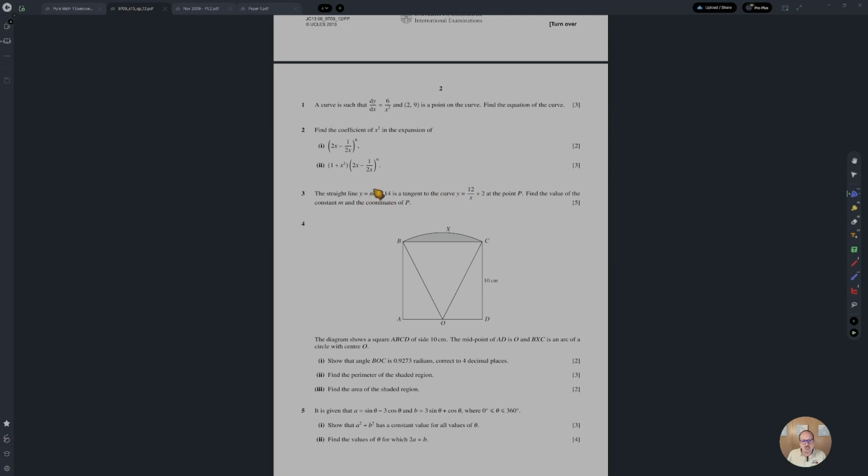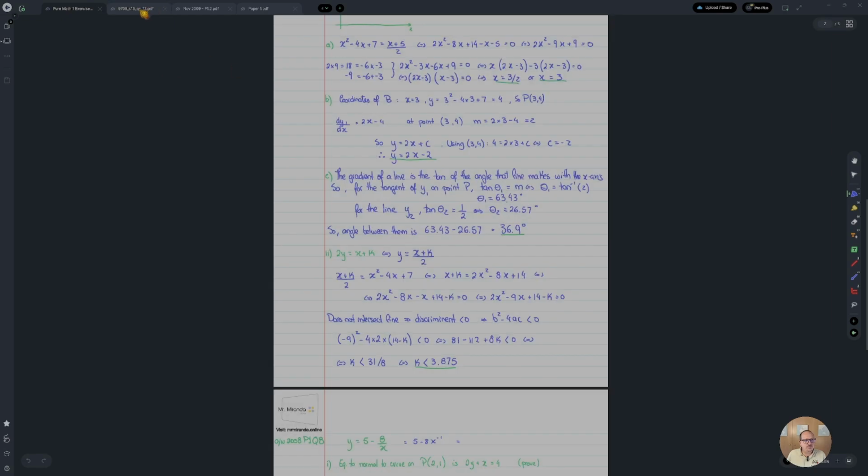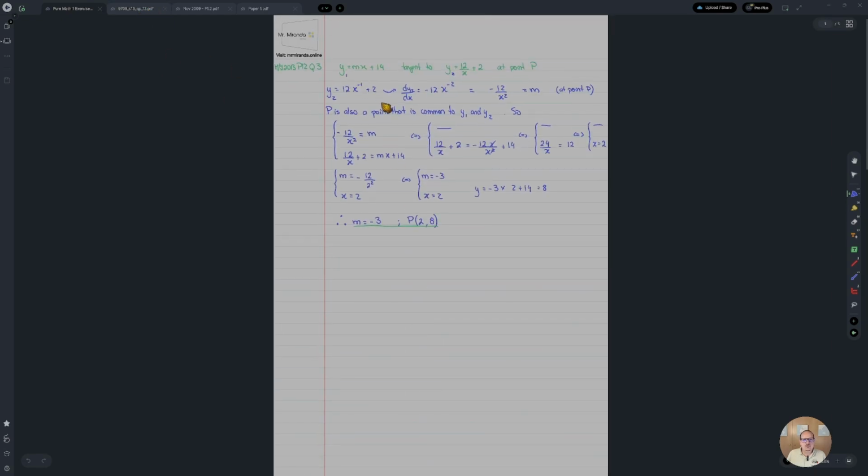And then if this is a tangent to this, by definition, a tangent is a point of intersection. They touch. So if you equal this to this, you'll have a result, and this is going to be your second equation. That's what I did over here. Okay, so I differentiated. Here I separated this in y1 and y2 for you to know what I'm talking about.